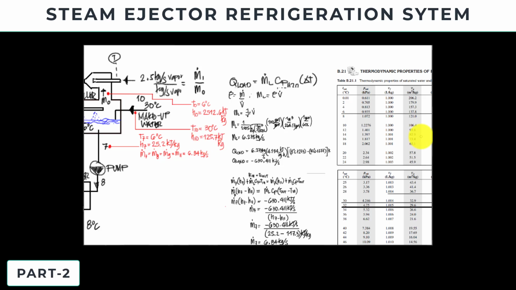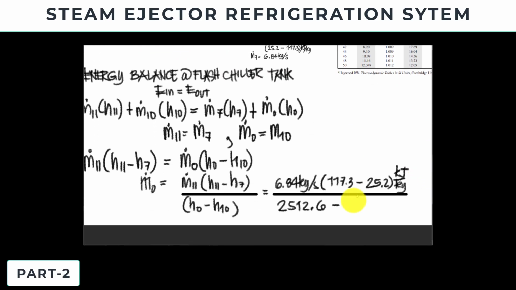Enthalpy 10, that is 125.7, and this is kilojoule per kilogram.